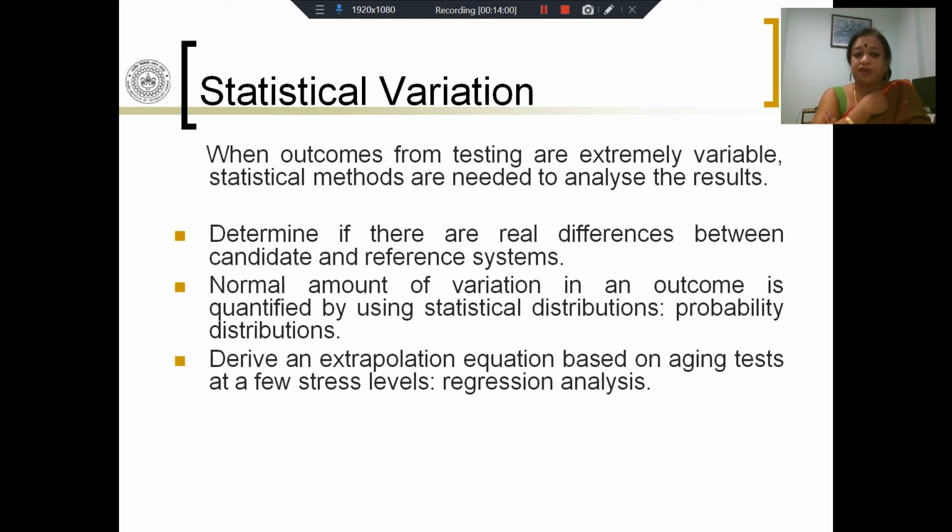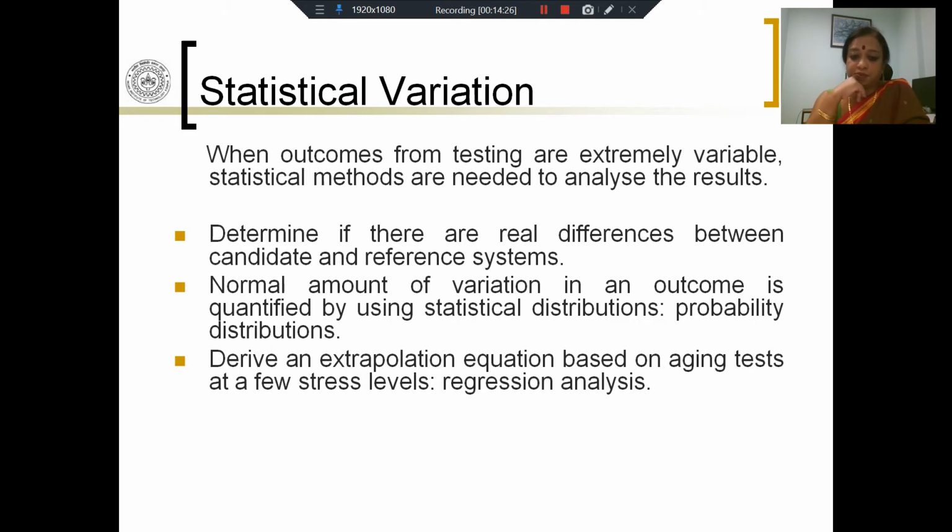The normal amount of variation in an outcome can be quantified by using a statistical distribution. So we have to be aware that there will always be some variation in the outcome, and that has to be taken into account, and for that we use probability distributions. Using the probability distributions, we first categorize the insulating material and we can compare between two different materials.